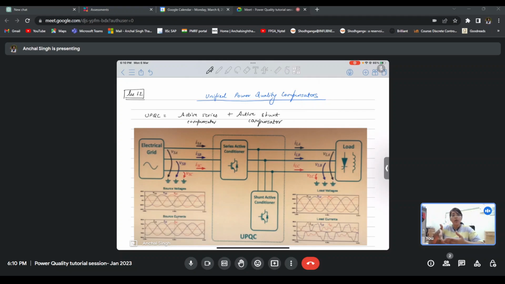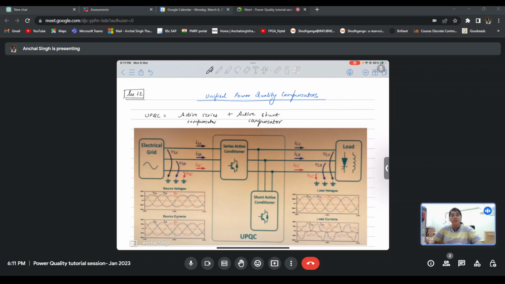We started talking about passive compensators, which are a combination of passive components like inductors, capacitors, resistors that provide a fixed kind of compensation. So initially we were able to manage with fixed compensation, but now the nature of our load is changing with time.